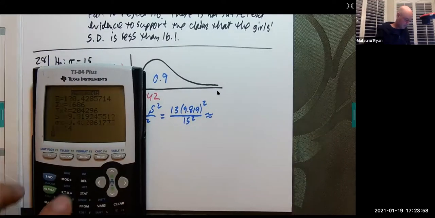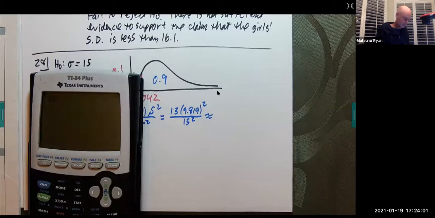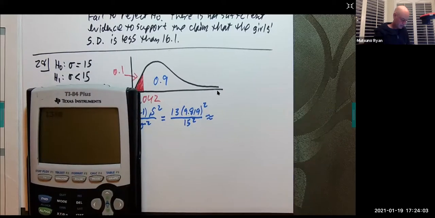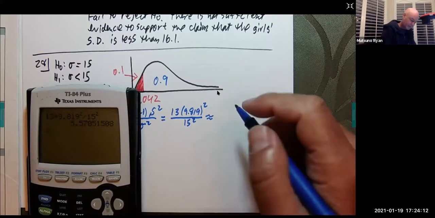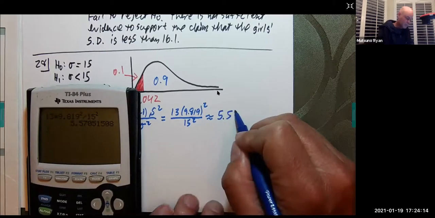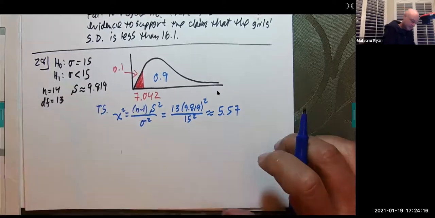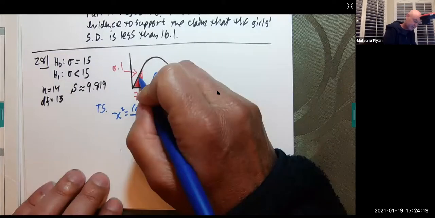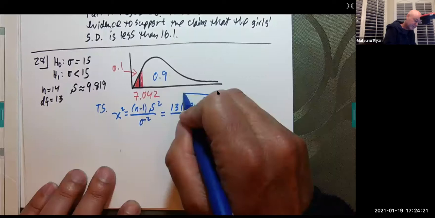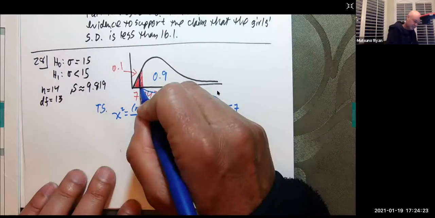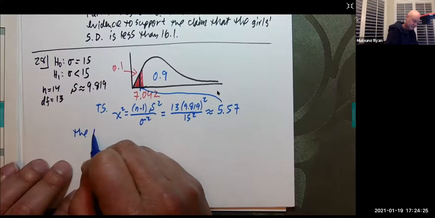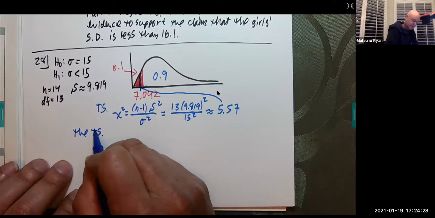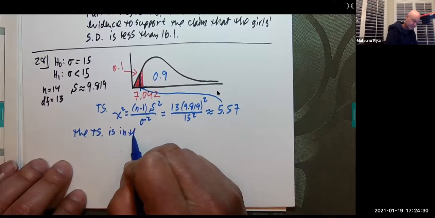So we have 13 times 9.819 squared divided by 15 squared. Ooh, that puts us in the critical region. The test statistic is in the critical region.